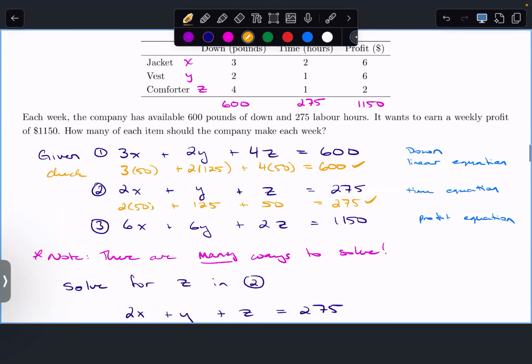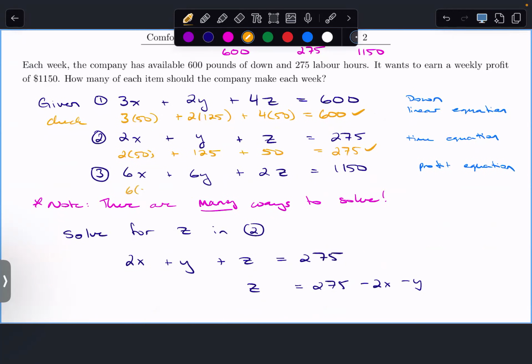Has to be true for all of these. 6 times 50 plus 6 times 125 plus 2 times 50 is 1150. Nice.